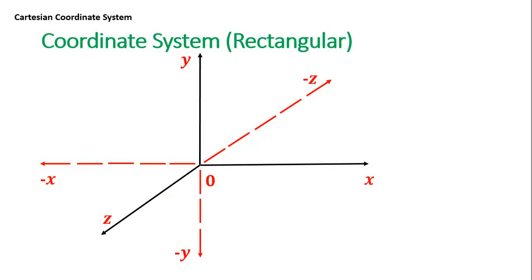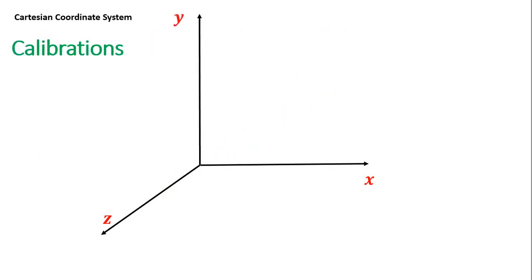But before making any measurement, we need to calibrate this system as well, and by calibration we mean that we have to put marks on these axes. For example, we can have equal intervals, and these numbers represent the intervals, and this can be in any units, for example centimeters or millimeters or meters, depending on the situation.